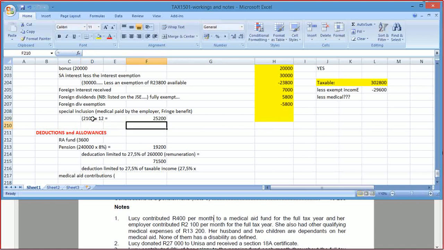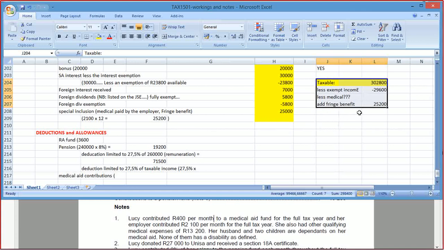So how much does the employer actually pay? We read it, 2,100 times 12. In the year, the employer pays 25,200. If they're paying 25,200, is that going to add or subtract from their taxable income? It's going to add. That's a benefit.